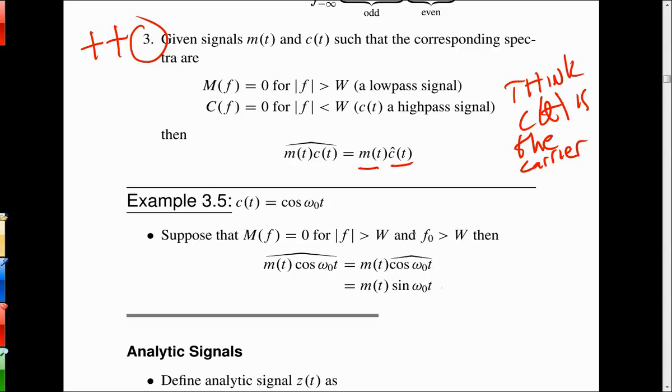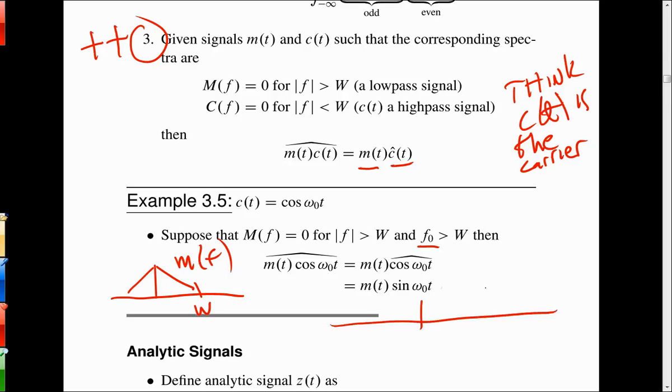Hilbert transform m of t times cosine omega naught t, as long as that's M of f right there, and the carrier frequency f naught is greater than this W, then that says that if you Hilbert transform the signal that's been put up on the carrier in double sideband form, because that's what happens if you take m of t times cosine omega naught t from the modulation theorem, we're going to get something like that in the frequency domain.